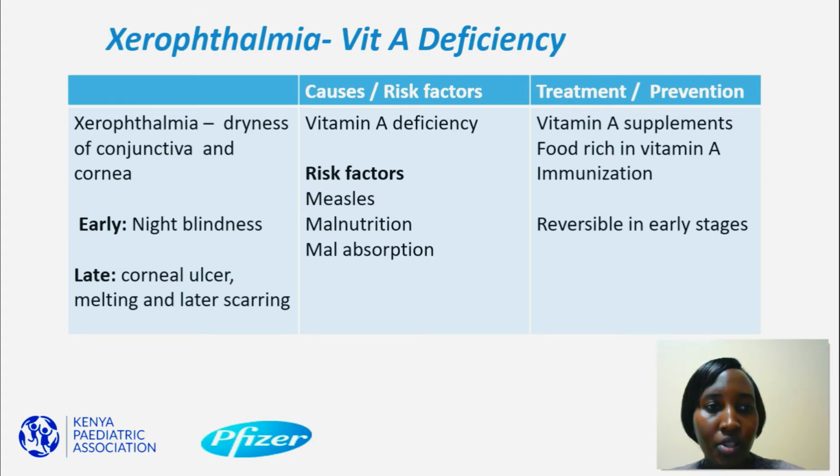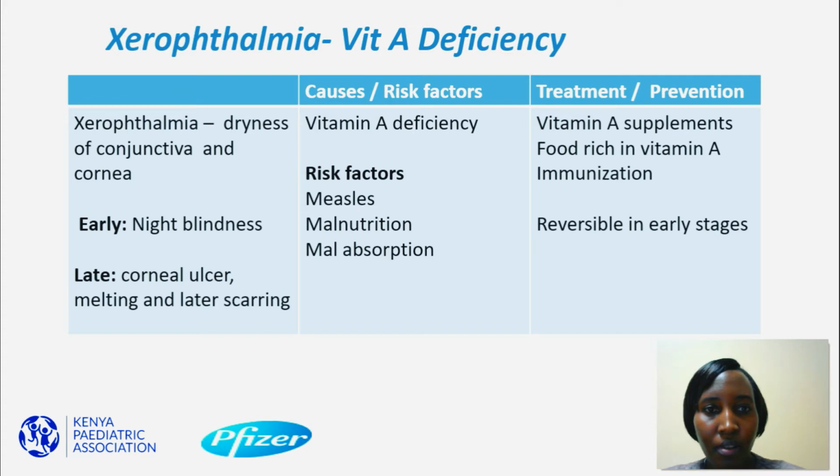And if this is not addressed in time, it leads to corneal ulceration and the melting of the cornea, and eventually scarring. The risk factors are especially children with measles and those who have malnutrition and malabsorption.